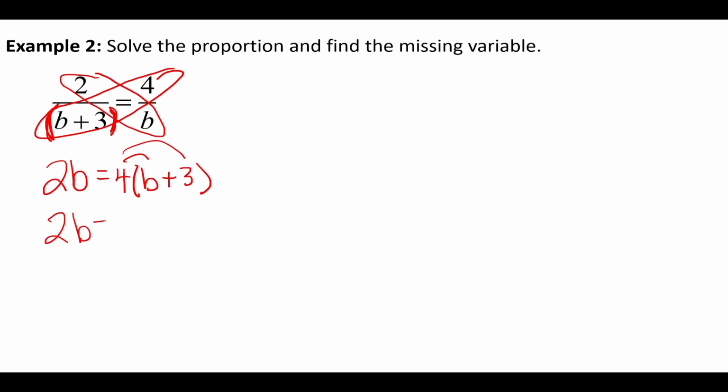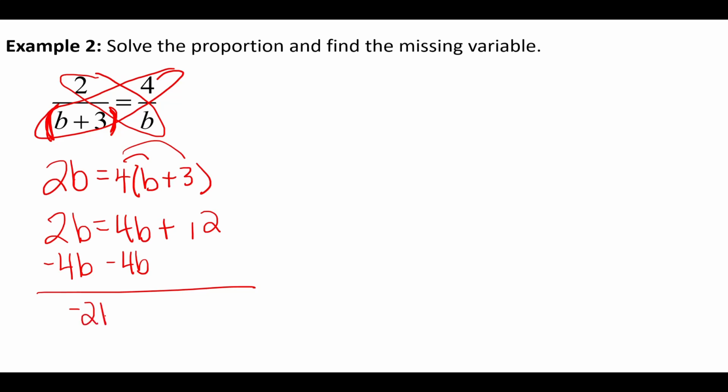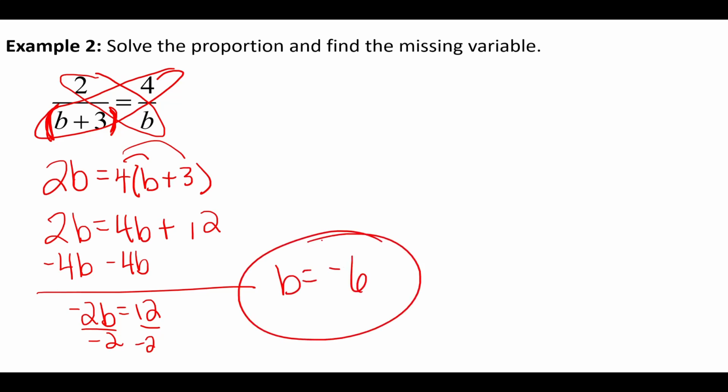So 2b will be equal to 4b plus 4 times 3 is 12. Subtract 4b from both sides, so we can get all of our b's on one side. Negative 2b is equal to 12. Divide by that coefficient. B is equal to negative 6.